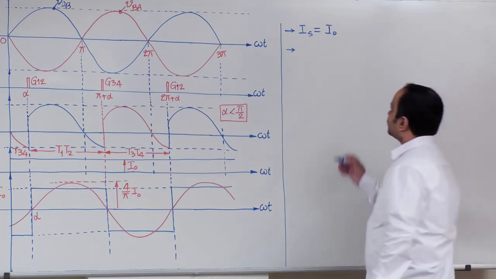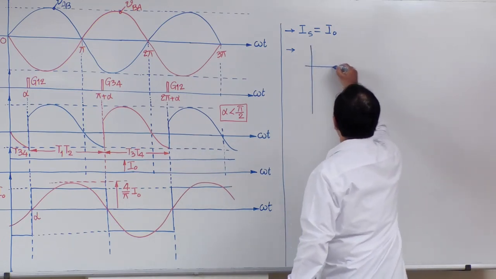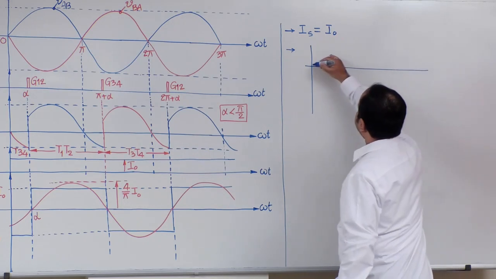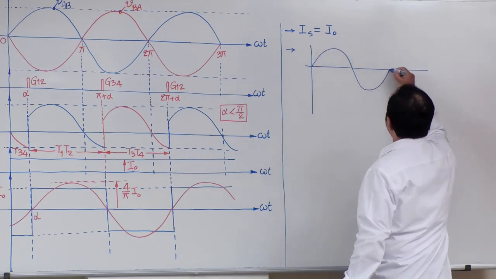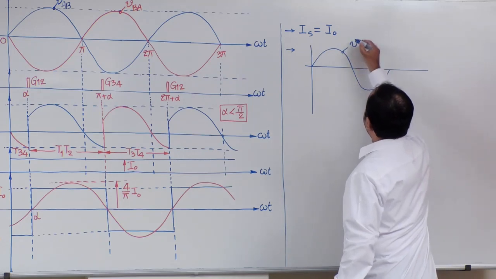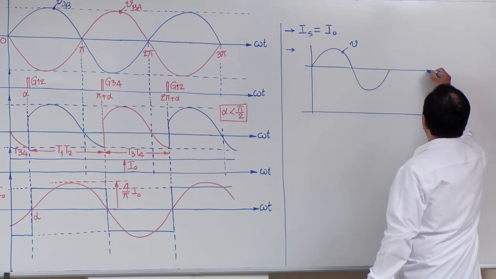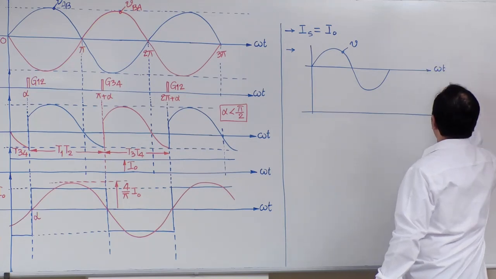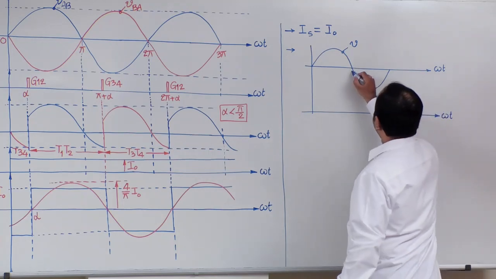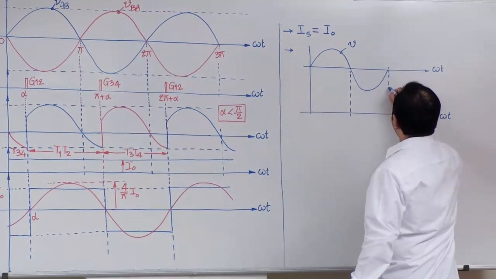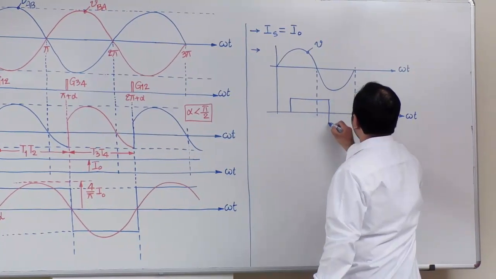Now here, observe carefully. I will show you two waveforms. One is a sinusoidal V, and let me take here omega t, here also omega t. And there is one waveform like this.